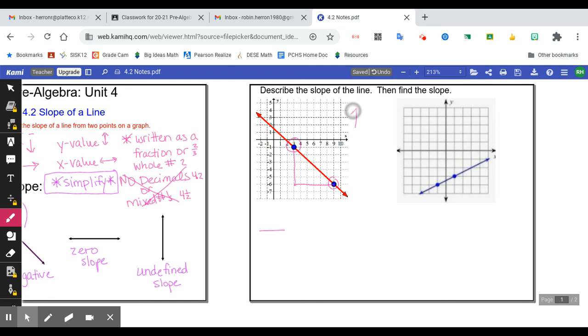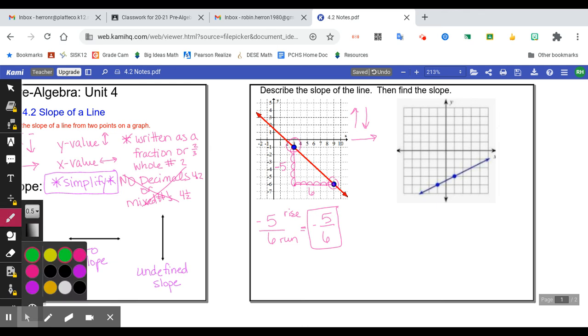You're always going to either go up or down, but you're always going to the right. So I'm going to go down 1, 2, 3, 4, 5. Down 5 means it's negative. So I have negative 5, and then my run is going to go to the right. 1, 2, 3, 4, 5, 6. So 6 goes on the bottom. Rise over run. I can't simplify this, so my answer for my slope is negative 5/6.